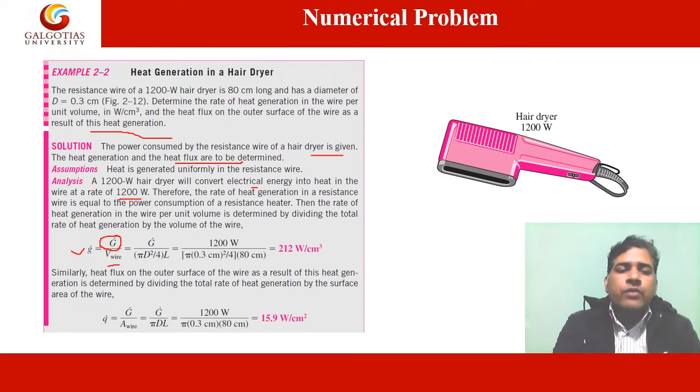Volume of the wire can be found from the diameter of the wire and from the length of the wire. Length of the wire is 80 centimeter and diameter is 0.03 centimeter.